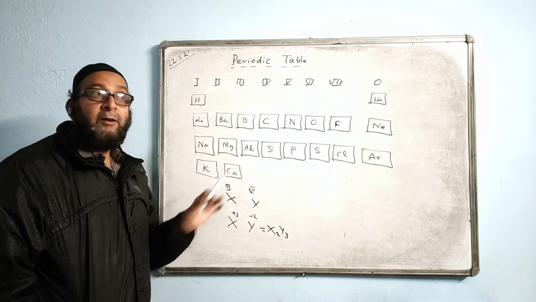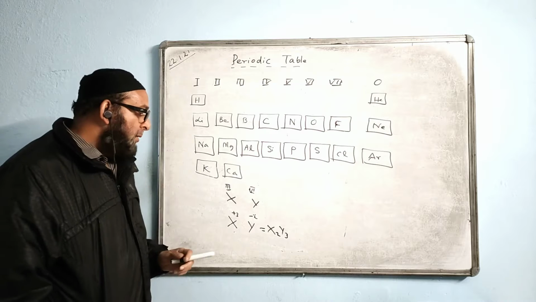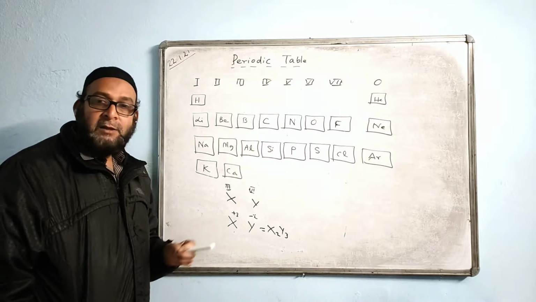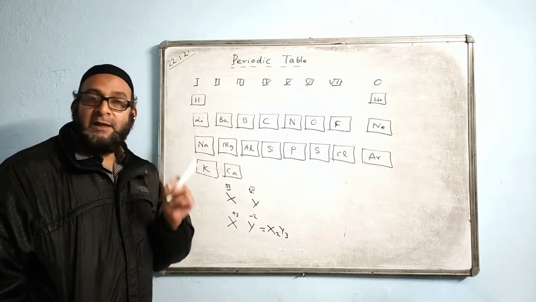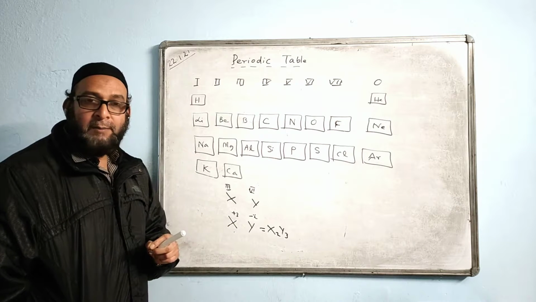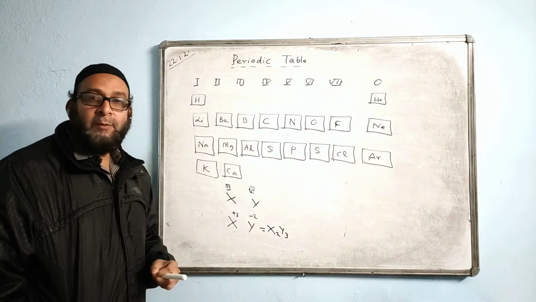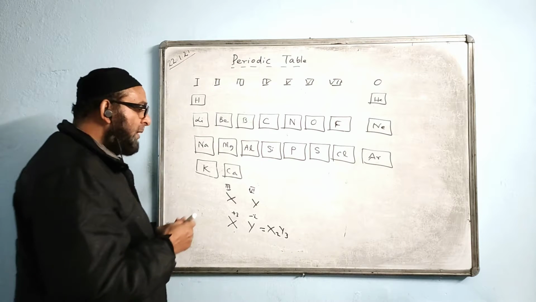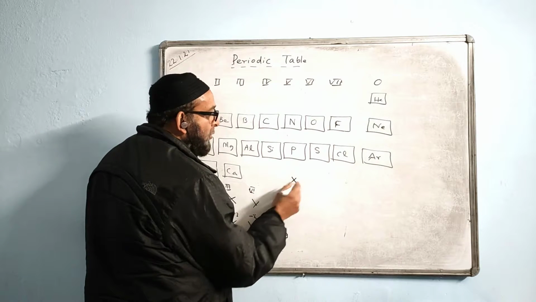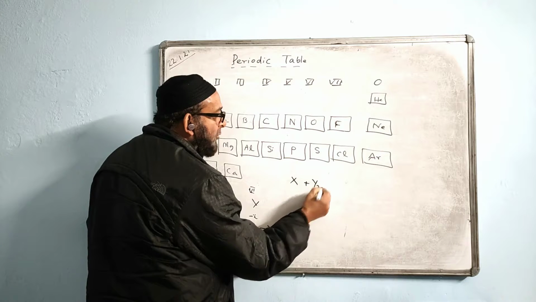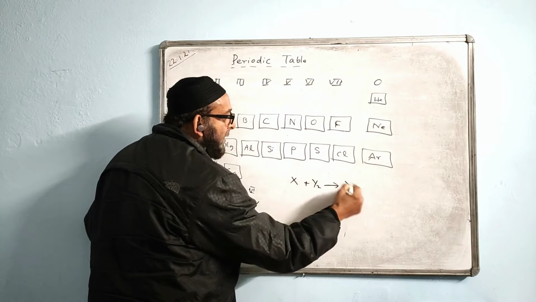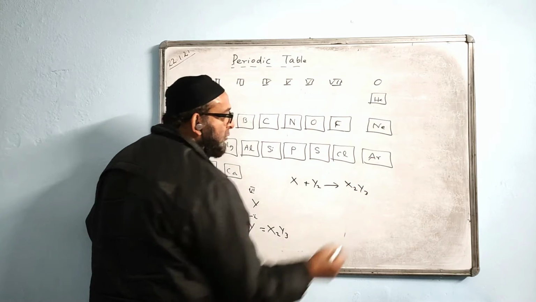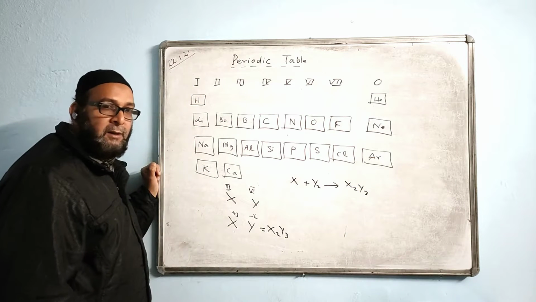Now they are asking you to write a balanced reaction for the formation of the compound between X and Y, if X is a monoatomic element and Y is a diatomic element. So X is monoatomic plus Y is diatomic, Y2, and we know the compound formed is X2Y3.